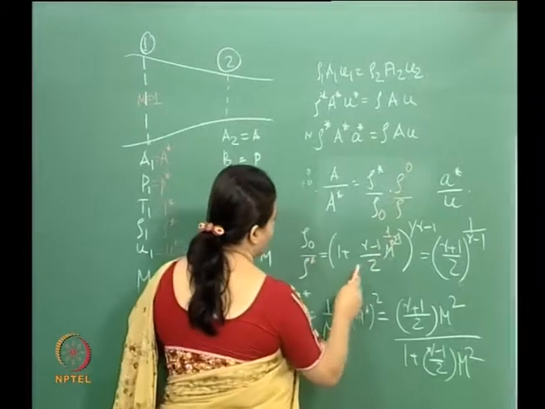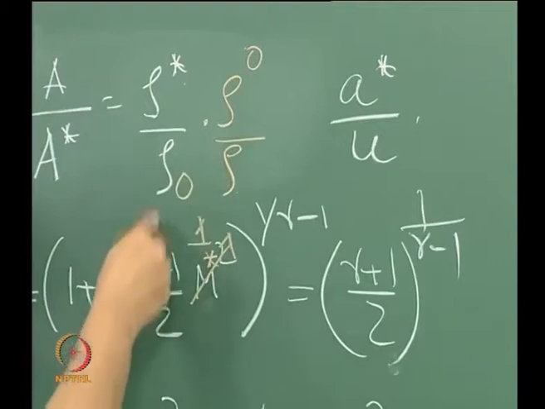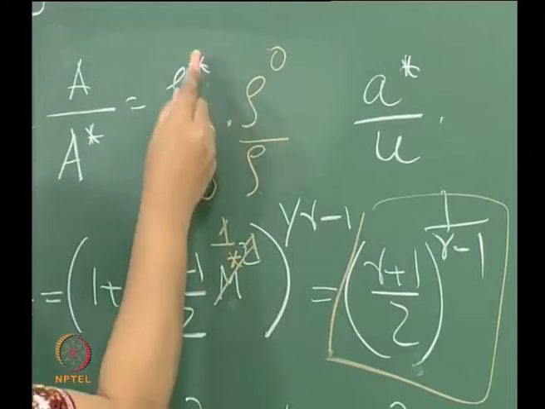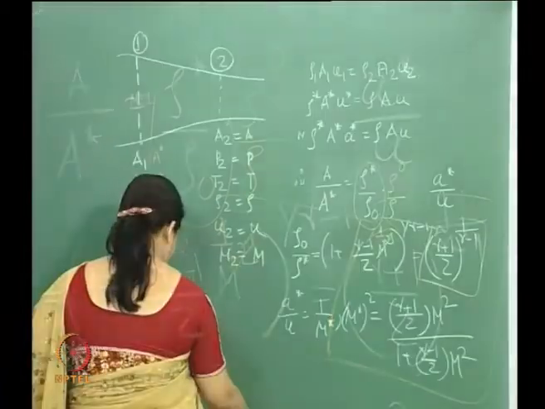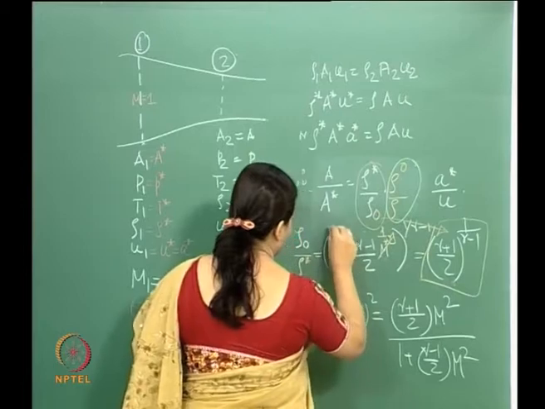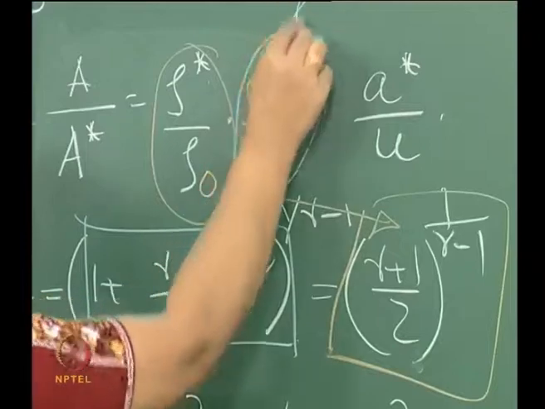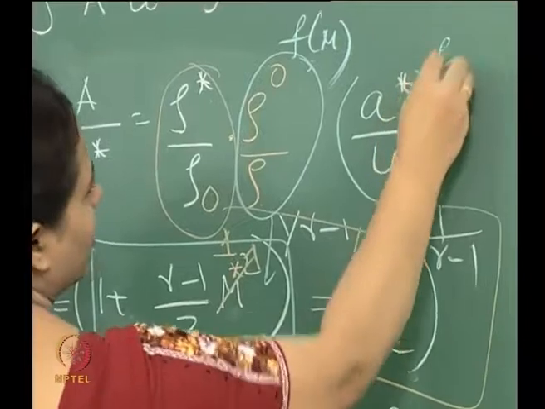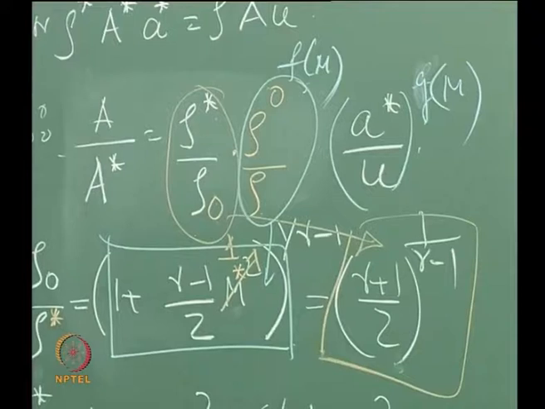So, rho naught by rho star is this. This is a term which is equal to this, and rho naught by rho is equal to this term which we used originally. So, this is basically a function of the local Mach number, and this also is a function of the local Mach number.